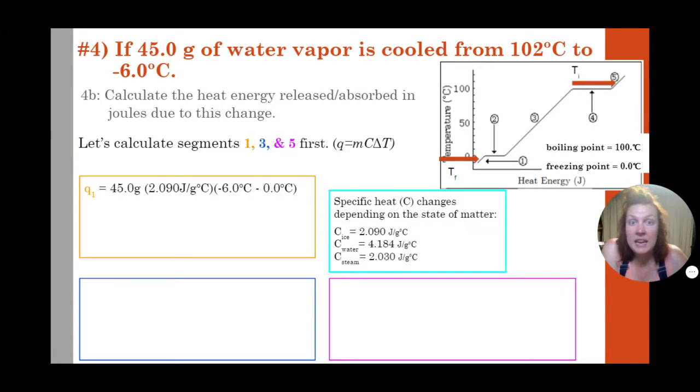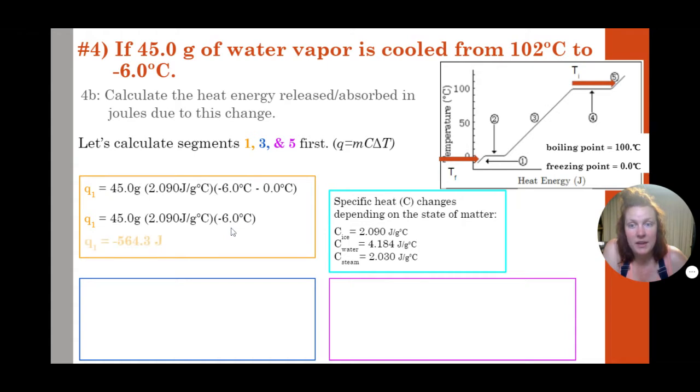We need the specific heat of solid ice, so we're going to use 2.090 joules per gram degree Celsius. Again, these types of specific heats will be provided for you. So we simplify the subtraction. Notice that we have -6.